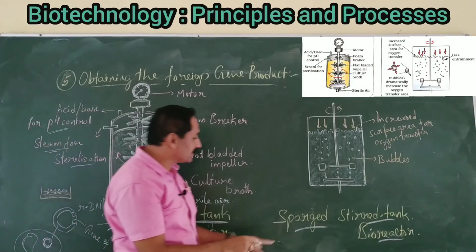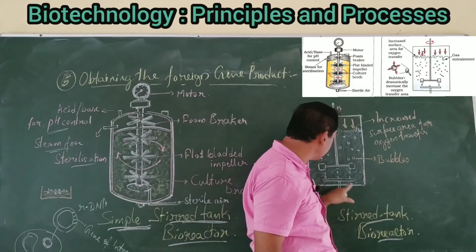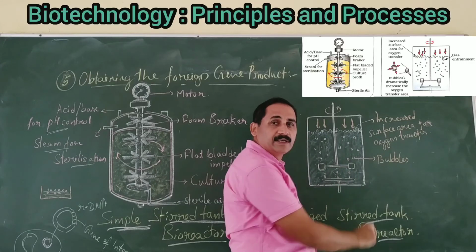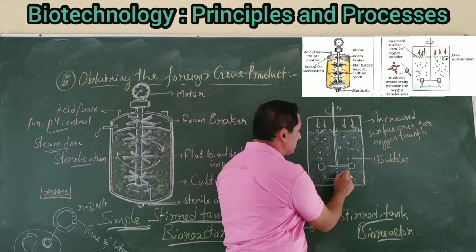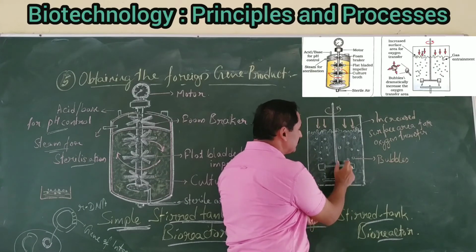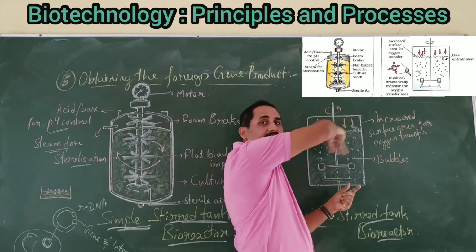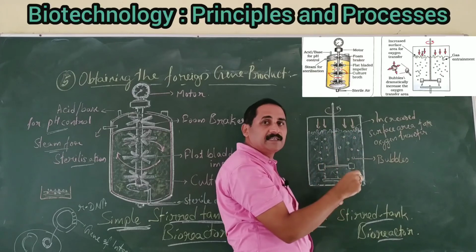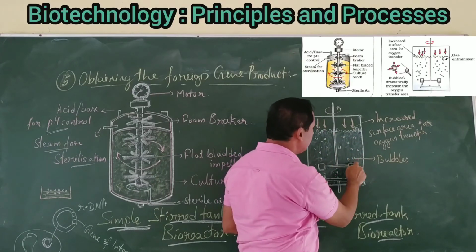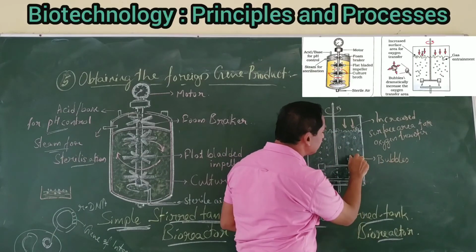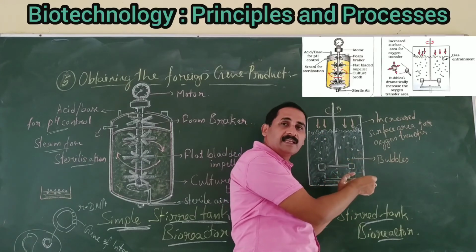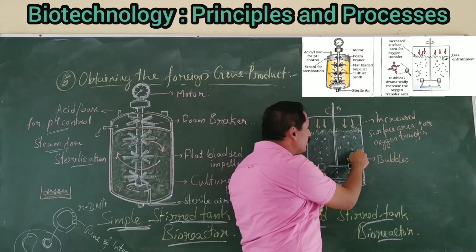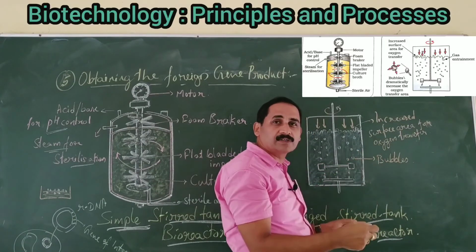In this sparged stirred tank bioreactor, we can see a sparger to introduce the air bubbles. It also has a stirrer to rotate the nutrient media so that it mixes with the bacteria. The food is available, but here the bubbles formed increase the surface area, making a favorable condition for bacteria to absorb the oxygen.